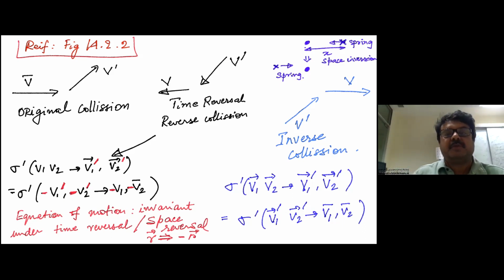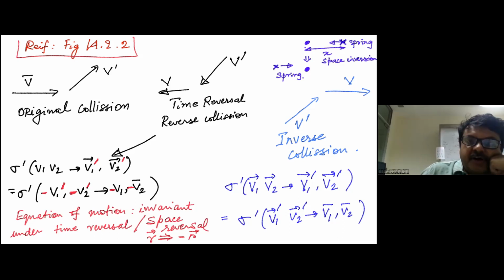The force would remain intact. If it's an r-dependent force, that doesn't change. The equation of motion, m d²r/dt² = F(r), remains intact because t goes to minus t; there are two derivatives, so the equations of motion remain unchanged.